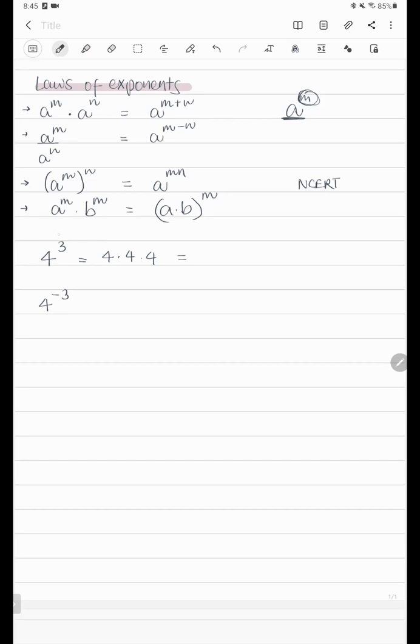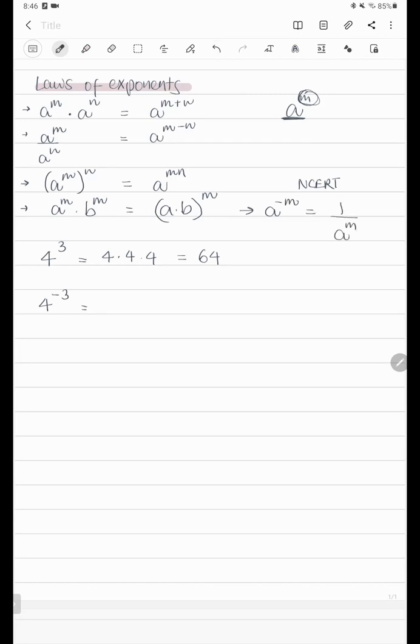Can you all tell me what 4 to the power 3 is equal to? 4 into 4 into 4, that is 64. Very good. So we know, and we're going to write it over here, that if it's a to the power minus m, then this is equal to 1 by a to the power m.